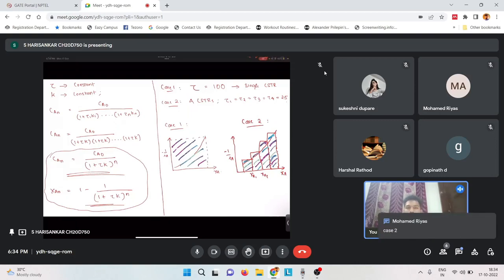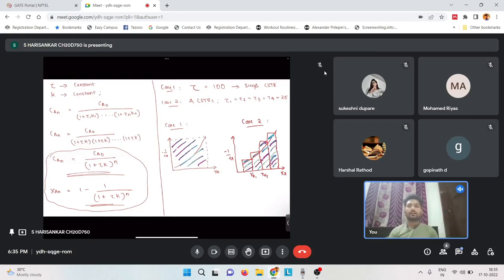Yes, case 2 gives you the lesser area. So what this basically means is, in both the cases you are achieving the same conversion. Let's say your conversion is something around 70% or 80% or whatever. In both case 1 and case 2, your final conversion is the same.